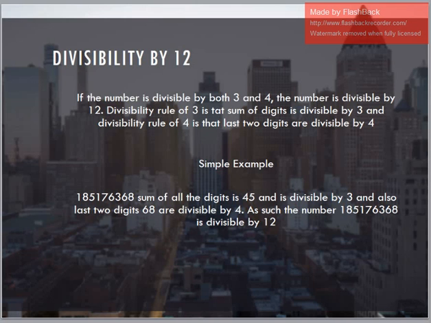Therefore, yung number na given na 185,176,368 ay divisible by 12. So, dahil na-check natin na divisible by 3 and divisible by 4, automatically divisible by 12. Malinaw yan guys ha. Check natin yan palagi para malaman natin kung divisible by 12.